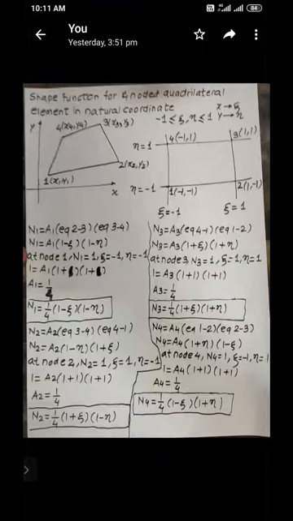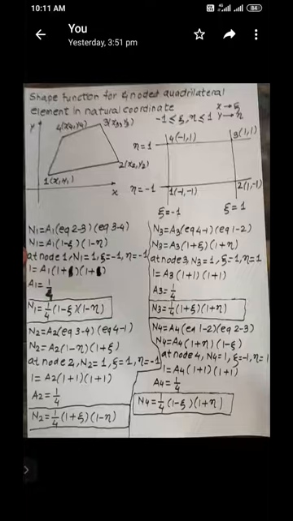If you need to calculate the second shape function, N2, how will you calculate it? It is 1 by 4, (1 plus zeta) and (1 minus neta). This is the second shape function. Next, N3 is given by 1 by 4, (1 plus zeta) and (1 plus neta).